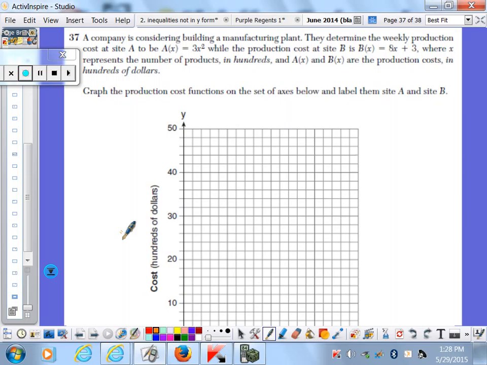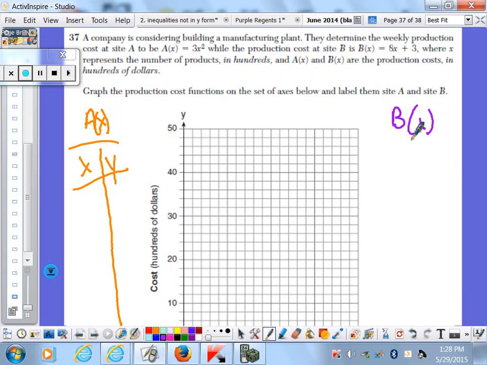Graph the production cost functions on the set of axes below and label them Site A and Site B. What I would do over here is make a table of values for A of x. Again, anytime we are graphing, please make a table. And on the opposite side, I would make a table for B of x.